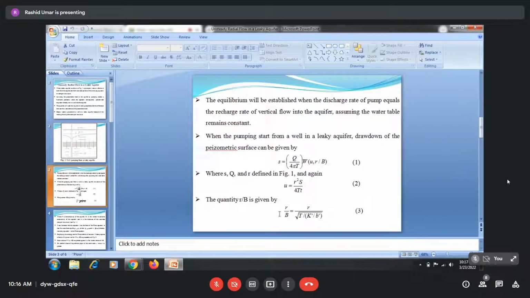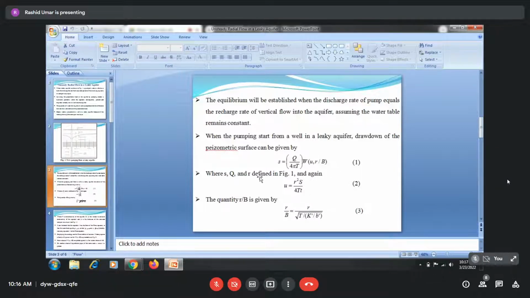How do we estimate the quantity r by B? r by B equals r over the square root of T upon K dash over B dash.